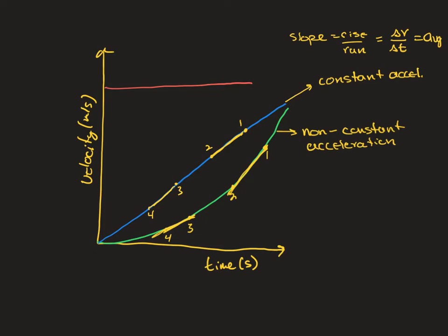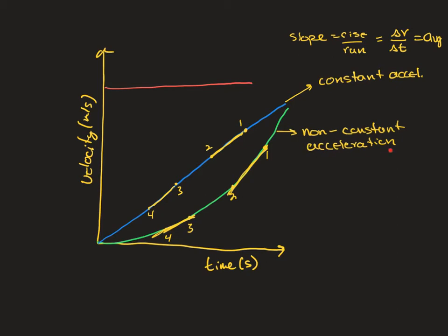Now, both constant acceleration and non-constant acceleration lead to a change in velocity, meaning that the velocity initial and final are going to be two different values. However, the difference between the two is that this one has the velocity change at a constant rate, meaning that every second you're going to increase a certain number of meters.